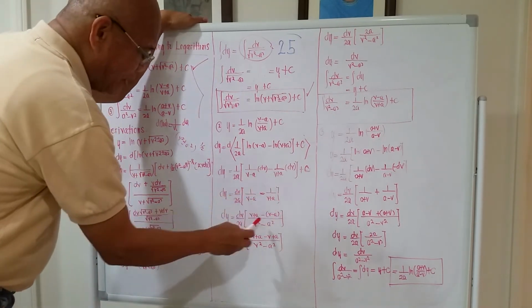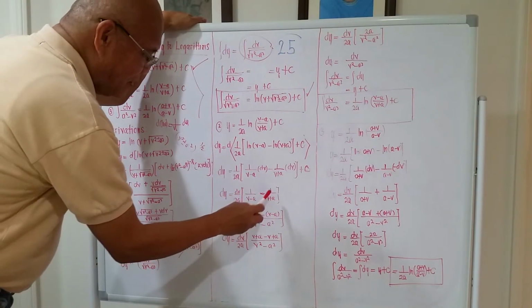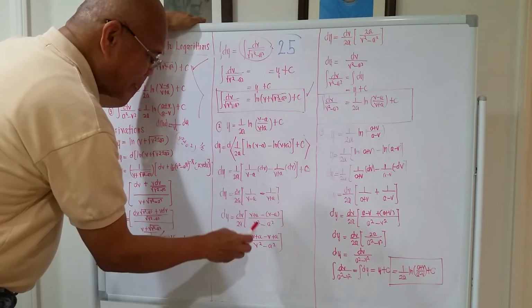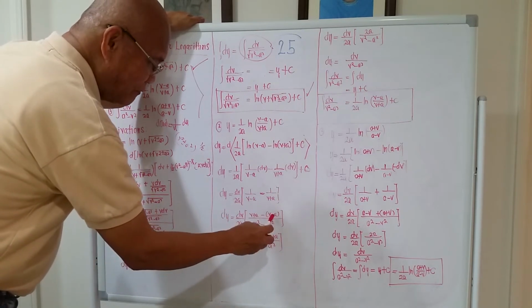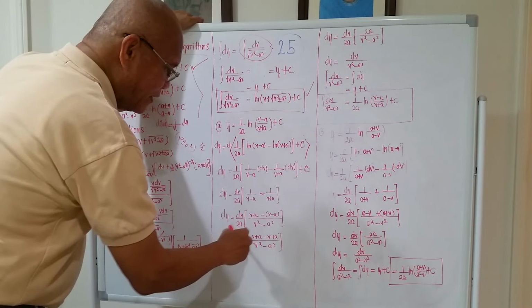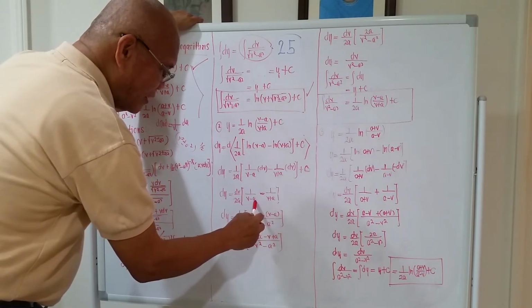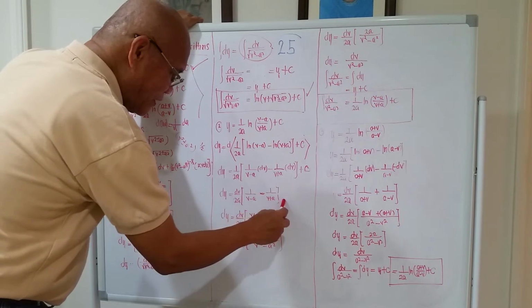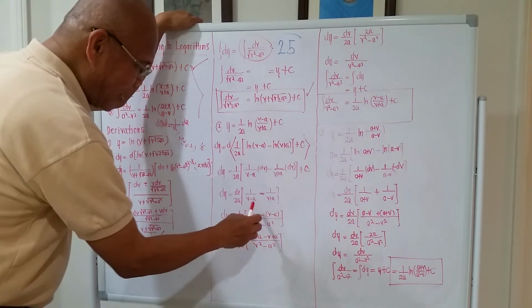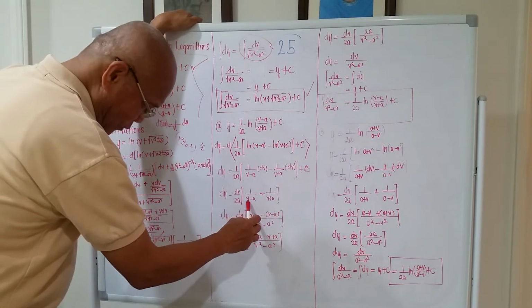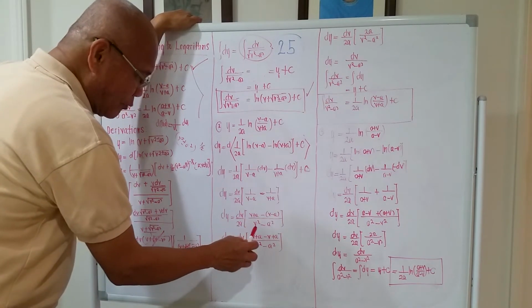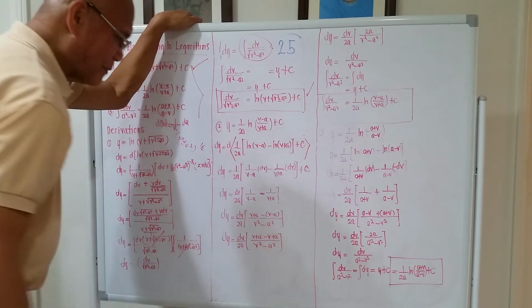1 times v plus a is v plus a. Minus 1 times v minus a is actually minus of the quantity v minus a, all over the product of this. v square minus va plus va minus a square. So actually, if we multiply the two denominators, what will come out is v square minus a square.